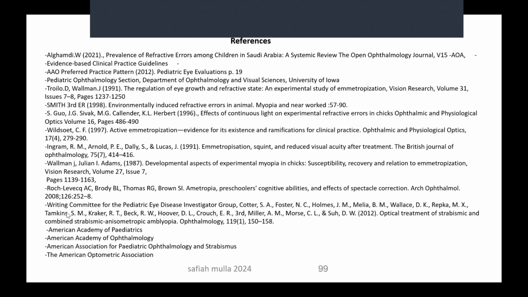And for the opposite, hyperopia with exotropia. Again, it's the same. You have to make a balance between the hyperopia and the exotropia.